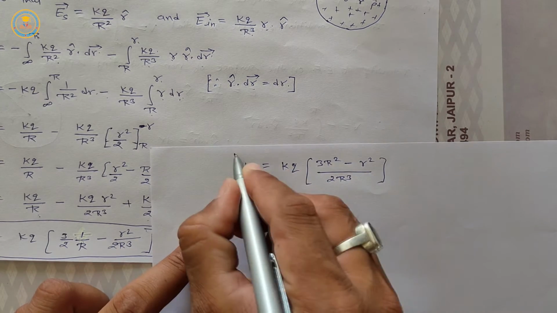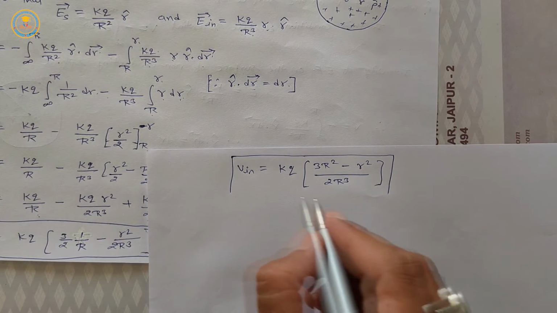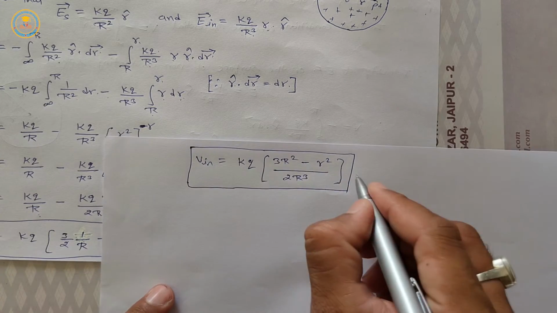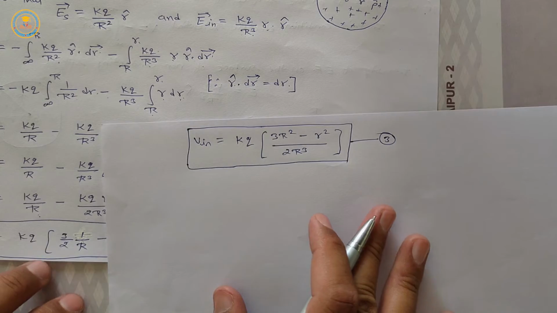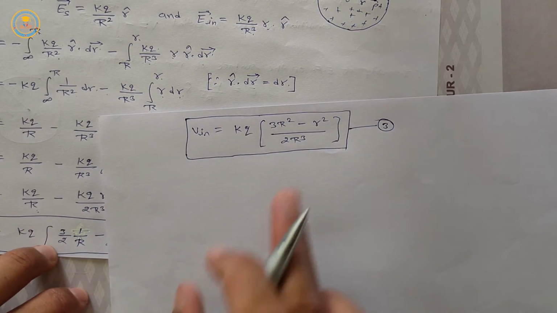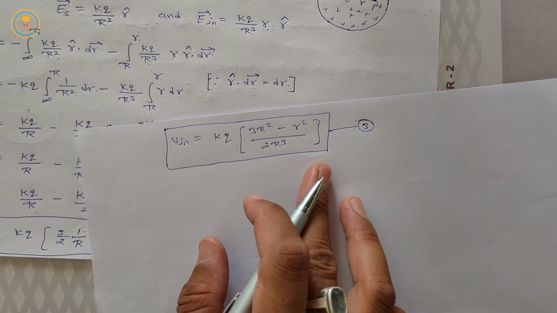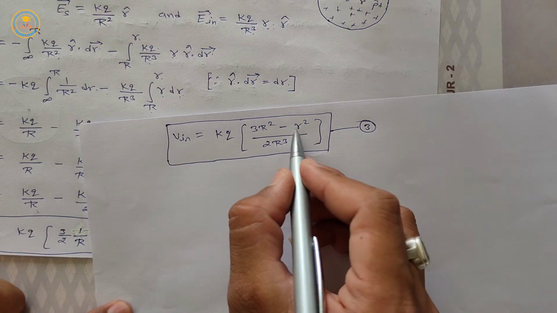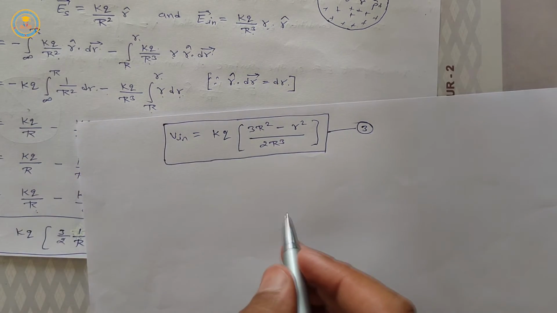This is another expression for electric potential due to a non-conducting sphere at an inner point. This is equation number 3. Okay, according to this equation, we see that if we increase r, then V_in will decrease.